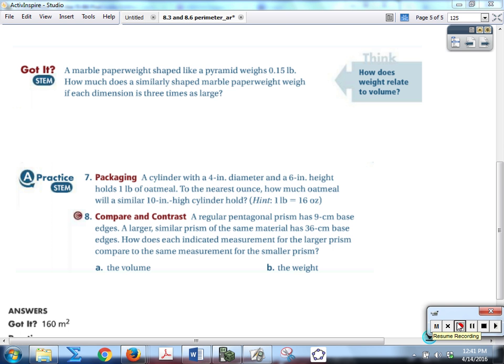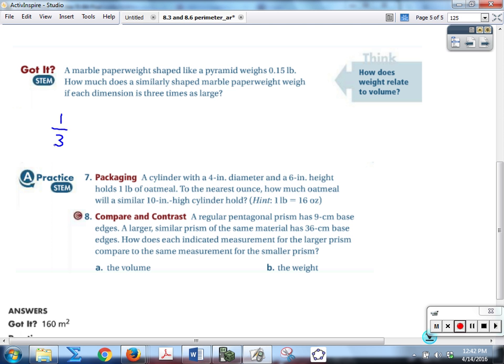So the question here, I think, is you know that the scale factor is 1 to 3, but what in the heck am I doing? Am I dealing with area? Am I dealing with 2 dimensions, 1 dimension, or 3 if I'm doing the weight of it? What would the weight be? Yeah, because it's like volume, right? Your weight is like your volume. So this one would be 1 to 9 would be what it would be.